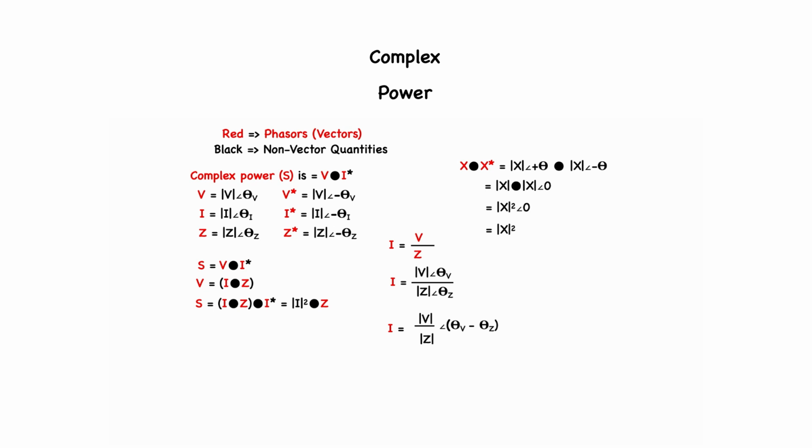Now, if I wanted to find the conjugate of that current phasor using what we just developed there, I would have to take the minus of the angles.